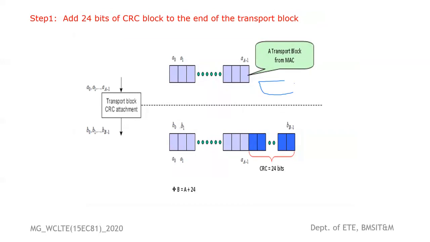So B will be equal to the transport block A plus 24 bits. Transport block plus 24 bits of CRC will give you the value of B, which is the output after CRC, before code block segmentation.